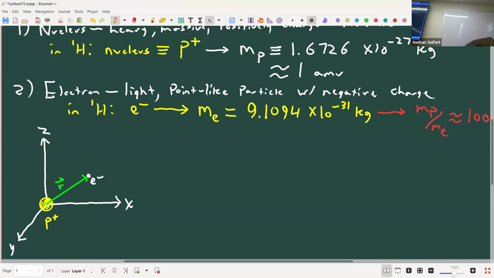So we have to think about what the forces are acting on this electron. Remember, whenever we set these problems up, ultimately we have to define a kinetic energy and a potential energy. The electron has some kinetic energy; when it orbits, it has some orbital kinetic energy, and we'll analyze that.